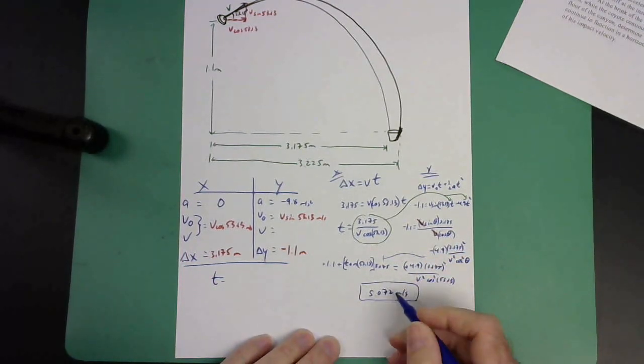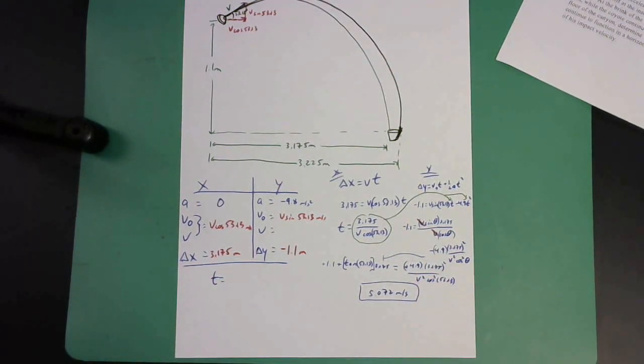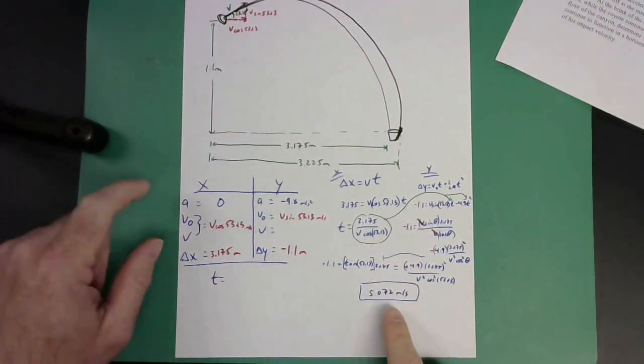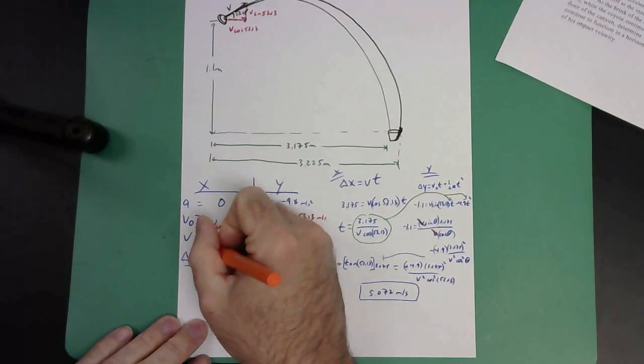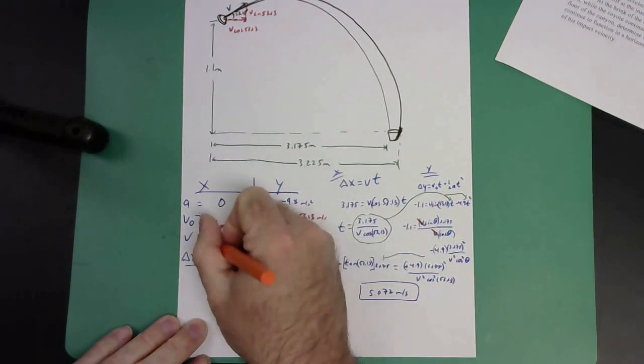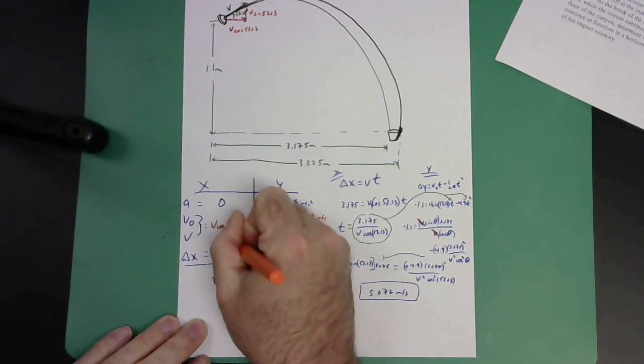There was like a 1 or something after that, if I remember right. Anyway, 5.07213 or something like that. So that's the speed it has to get flipped at in order to land at the near edge. The far edge is going to be the exact same calculation, except everywhere I see a 3.175, I'm going to put in 3.225. Of course you know what I mean.